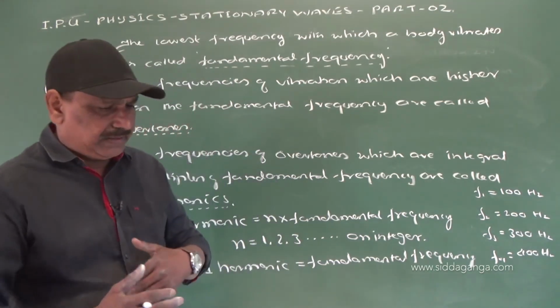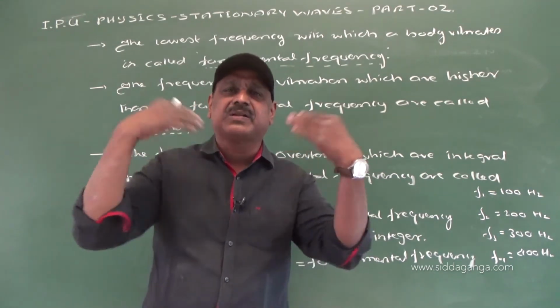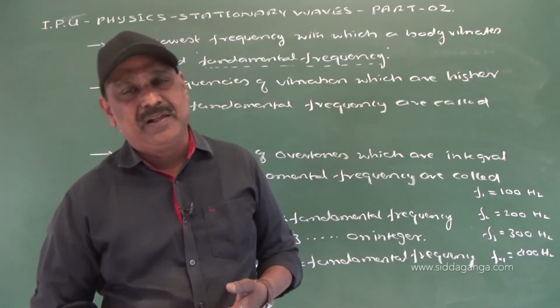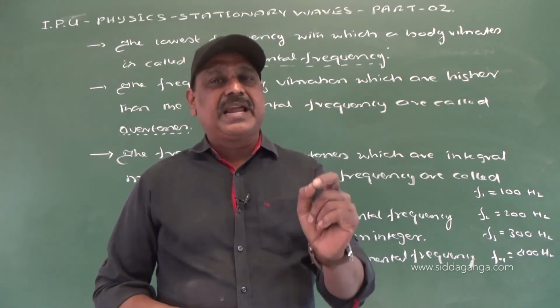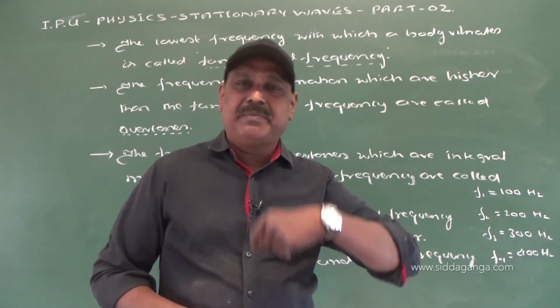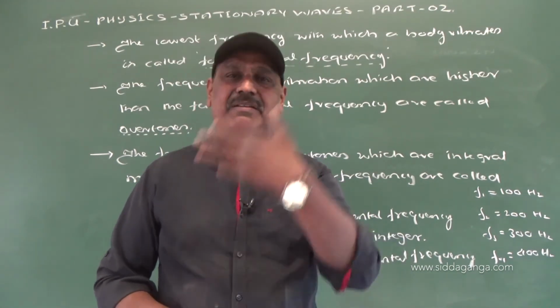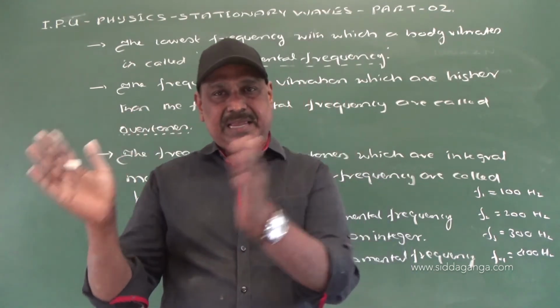Now the relation between overtone and harmonics depends upon the instrument, right? Depending upon the instrument, second harmonic may be equal to first overtone, or third harmonic may be equal to second overtone. That we will discuss for the stretched string and the air column.